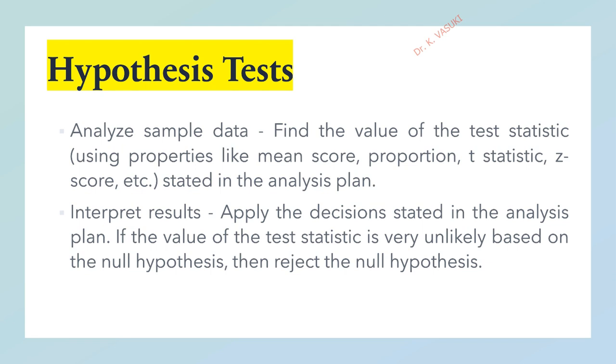Find the value of the test statistic using properties like mean, score, proportion, t-test, z-score, etc., stated in the analysis plan. While collecting the data itself, we have to have an idea what test we are going to use.